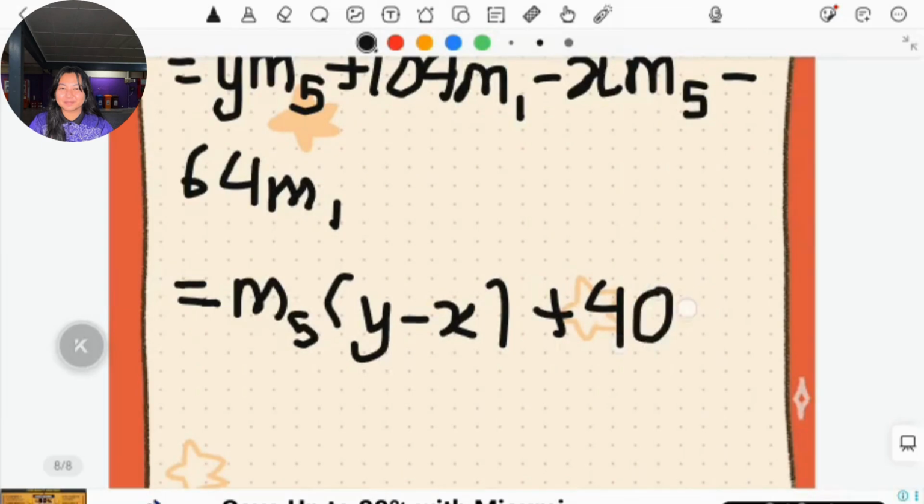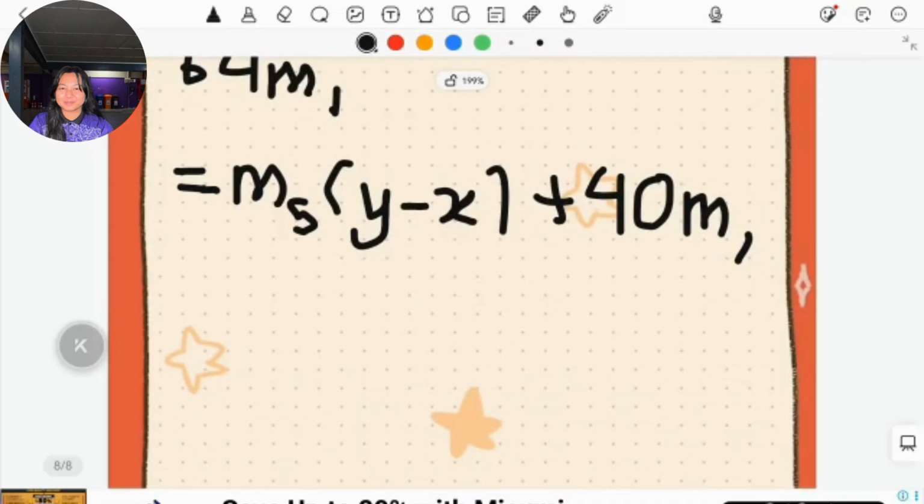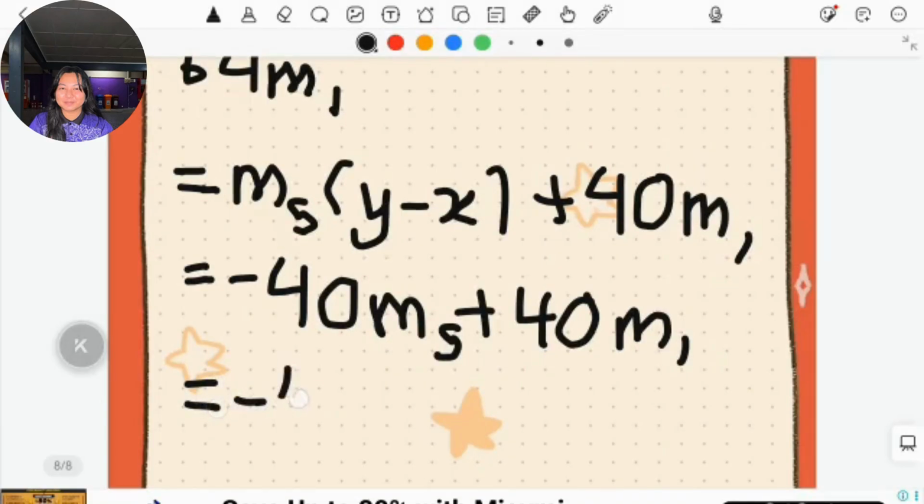As we know, x minus y is equal to 40. So that means y minus x is equal to negative 40. Then we need to substitute negative 40 for y minus x. So it will be equal to negative 40 m5 plus 40 m1.